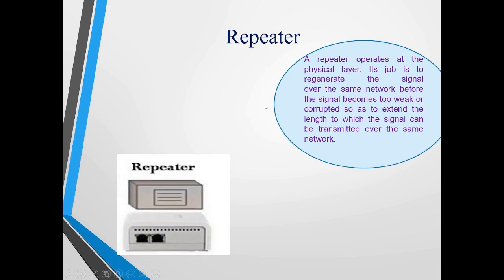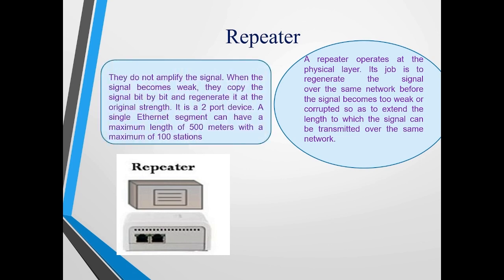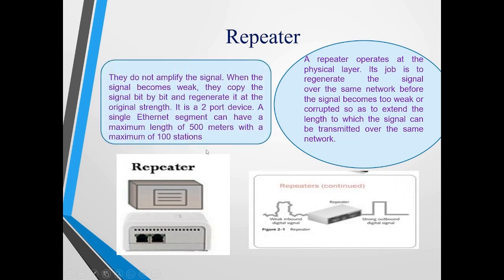First of all, just check the picture for it. This is one kind of repeater, and if you are using a repeater within the network, it works like this. It converts all the weak signals into strong signals, right?